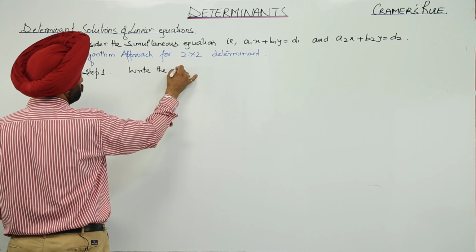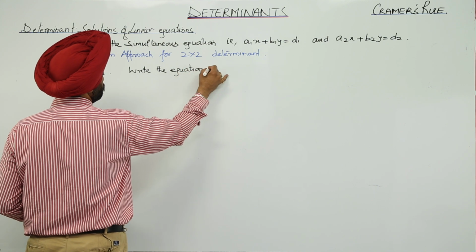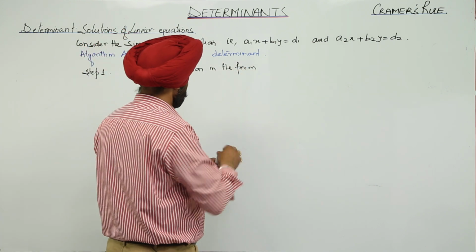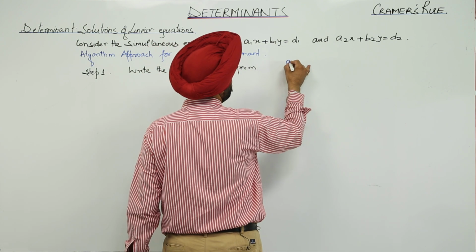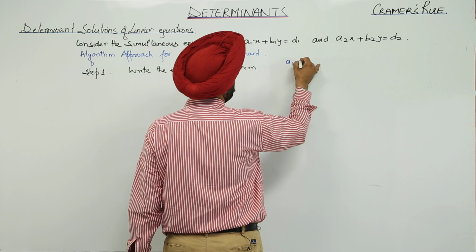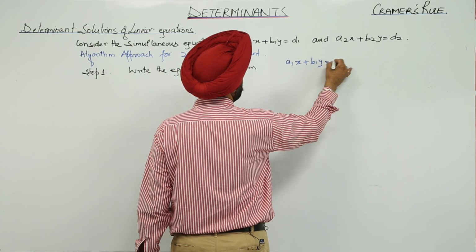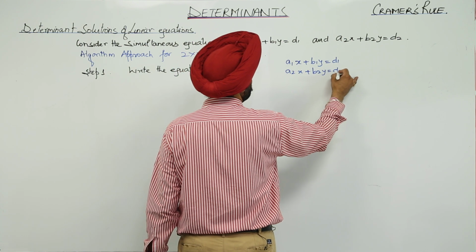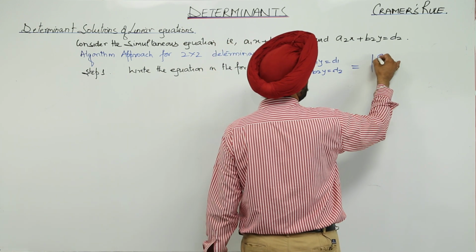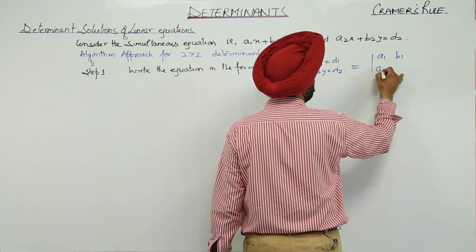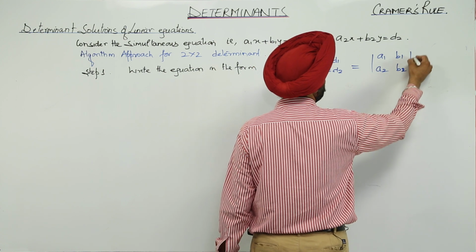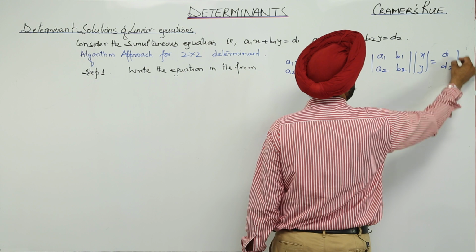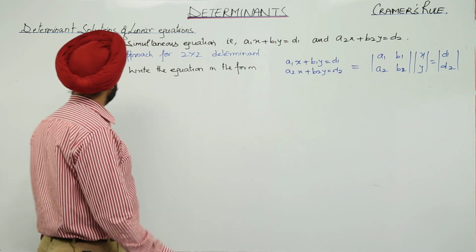Write the equations in the form a1x plus b1y is equal to d1, a2x plus b2y is equal to d2 as the matrix a1 b1, a2 b2, times x y, is equal to d1 d2. First step. Okay.